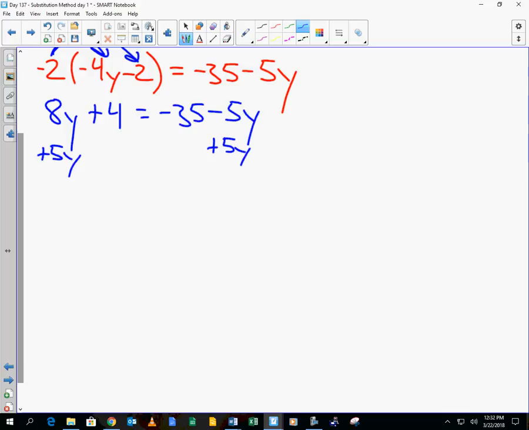And when you do that, what do you get on the left side now? 13y plus 4 is equal to. Okay, now I've got that. If I've got my y's on the left side, I'm going to move my numbers on the right side. How do I move the 4? I subtract 4. 13y is equal to.